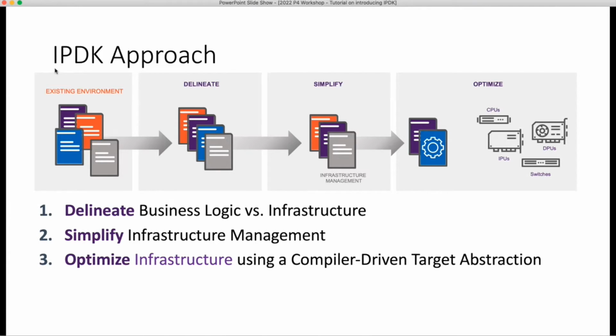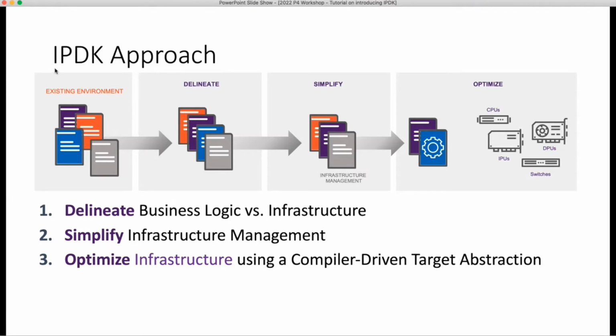When we try to accelerate the infrastructure part of a new application under IPDK, we use a three-step approach. We first delineate the business logic versus infrastructure. This delineation is necessary because the business logic is the customer's secret sauce. And then we focus on the infrastructure part, and we simplify infrastructure management by using standard interfaces between logical boundaries of the devices.